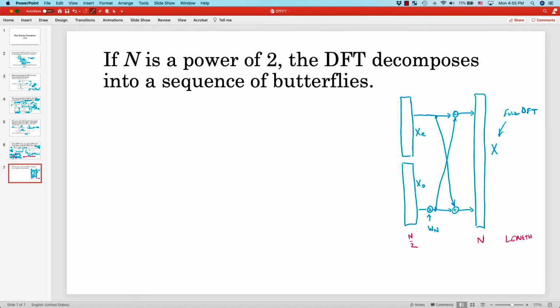This array capital X sub e is simply a DFT, which means that we can copy this butterfly, and that means that X_e is actually a glue together of two sub-DFTs. So multiply, add, and then this is going to be half as tall as the last. And this is going to be half as tall as the last. And then same thing down here.